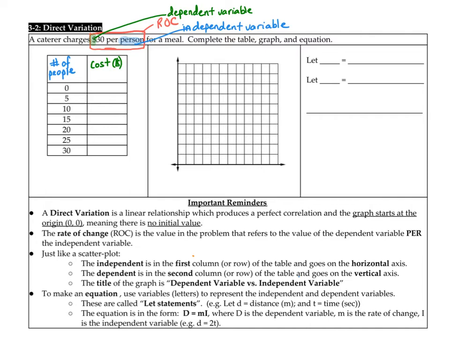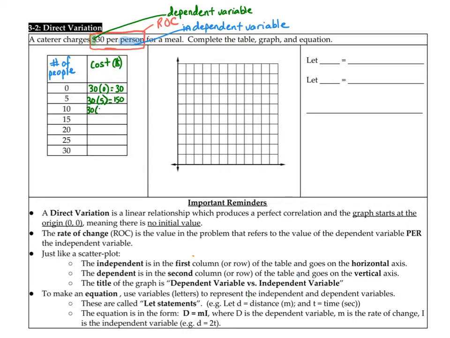If there's 0 people, it's $30 times 0 people, which is $0. You don't need to put the dollar sign here because we've already put the dollar sign at the top of the column, which means all of these are going to be in dollars. If there's 5 people, it's $30 times 5 people, which is $150.